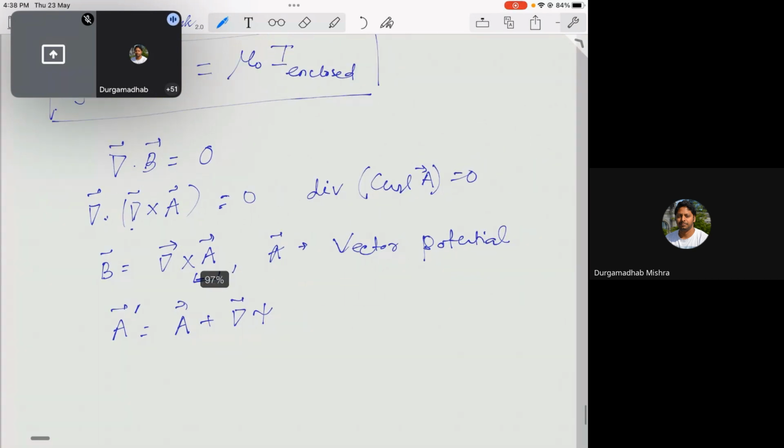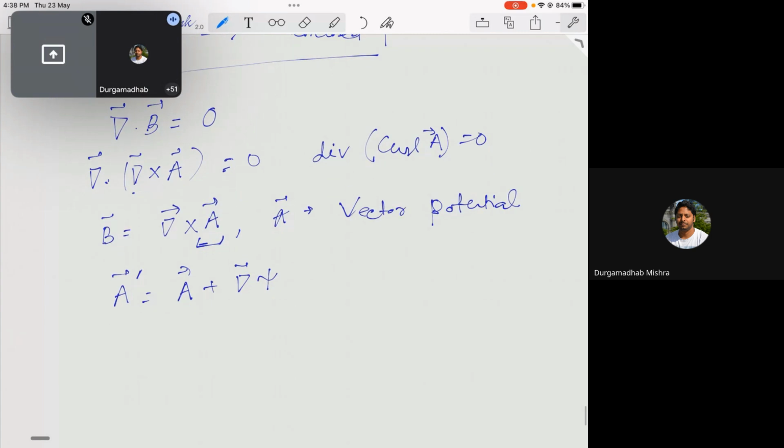Okay, so let me define a vector like this, and if I take the curl of this vector, what I will get is curl of A plus curl of this gradient.